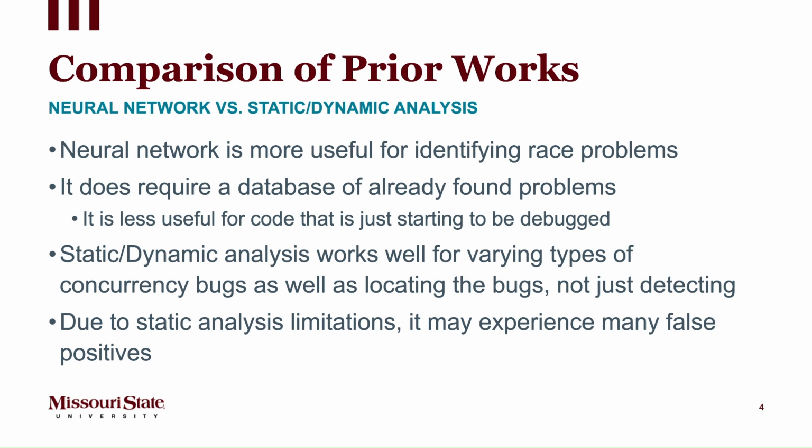The static and dynamic analysis approach works well for the varying types, and aside from simply detecting that there is a bug, it can actually locate where it occurs. This is a very important thing because oftentimes concurrency bugs are simply detected after they've caused an issue, but the logic is difficult to trace back to where it originated from.